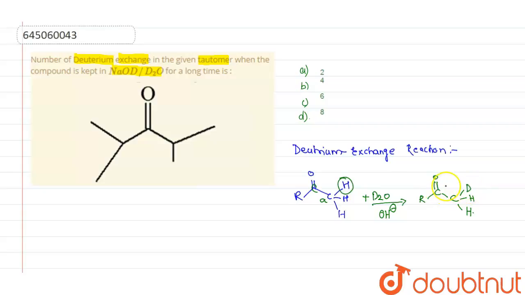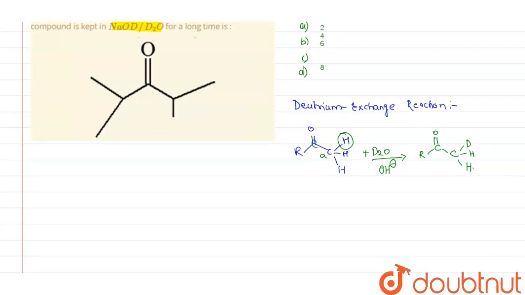Now let us understand the mechanism by which it reacts. At first, enolate formation occurs. Consider R, C double bond O, C, H, H and H. It reacts with OD minus, as we have NaOD here.